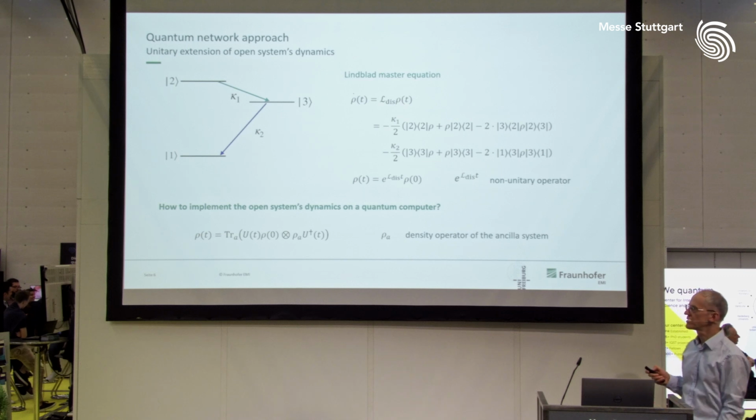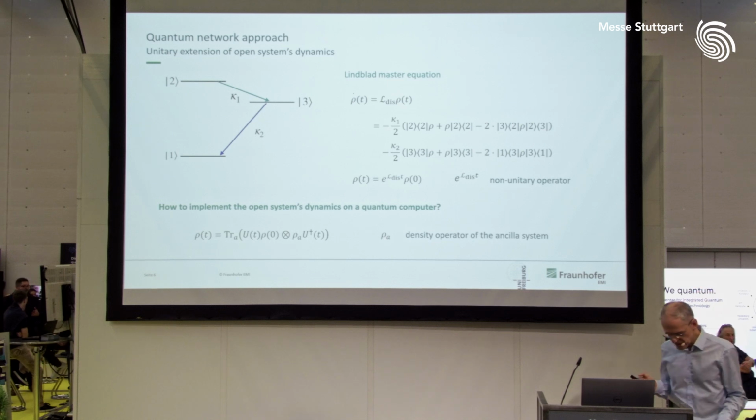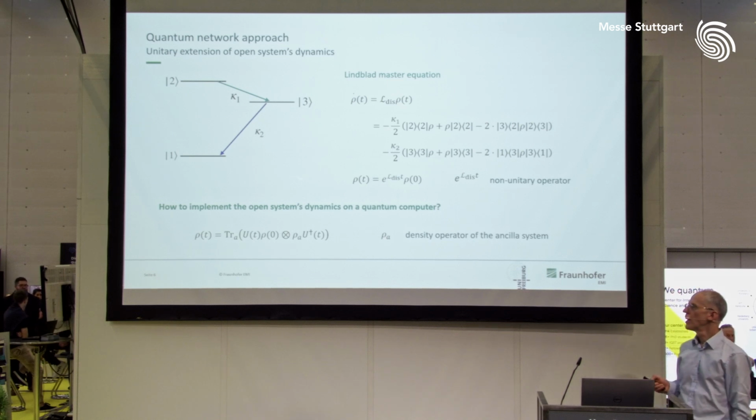And now the question is, how do we implement this open systems dynamics onto a quantum computer? And the answer is well known. Any non-unitary evolution can be rendered unitary in an extended Hilbert space.